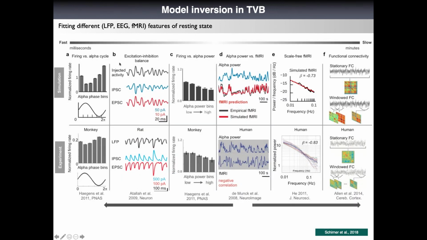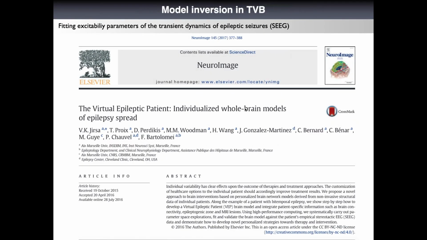Several resting state networks of MRI are reproduced, and other phenomena like the relationship between the alpha phase and the spiking, or between the power of alpha and the fMRI, what you also saw at the demonstration at the beginning, the anti-correlation between them, the scaling properties of the fMRI power, functional connectivity dynamics. It seems that this kind of fit actually can reproduce many of the observations we have in neuroimaging today.